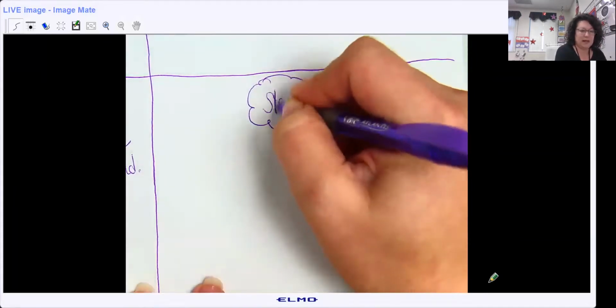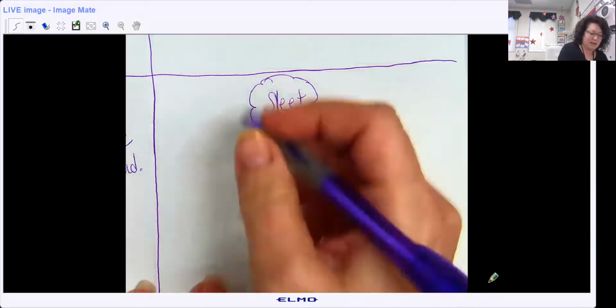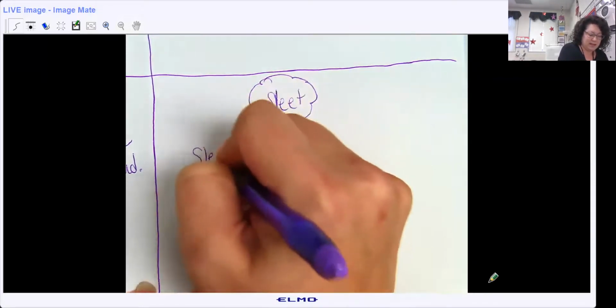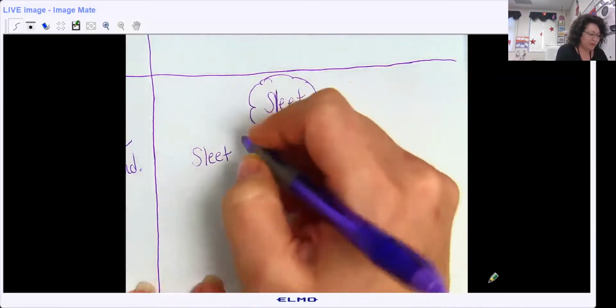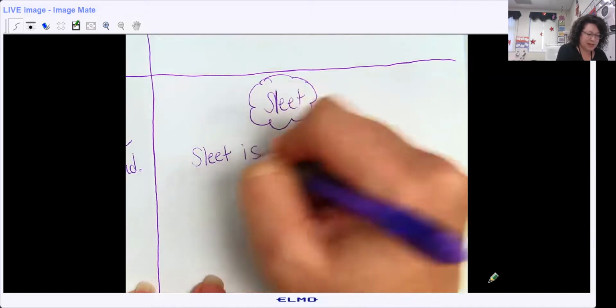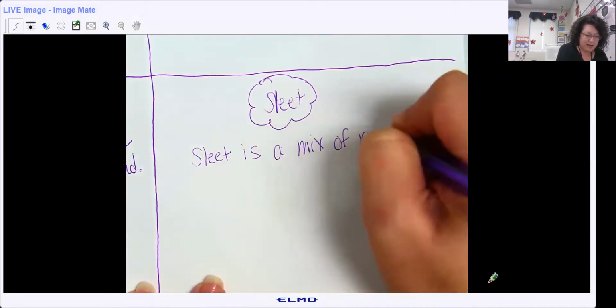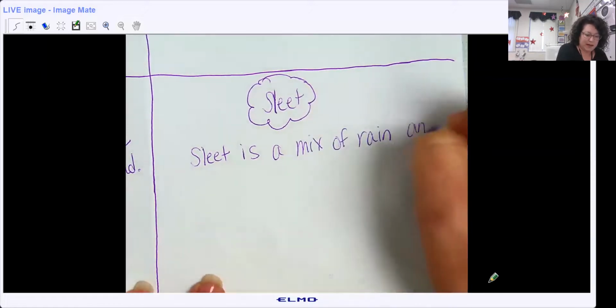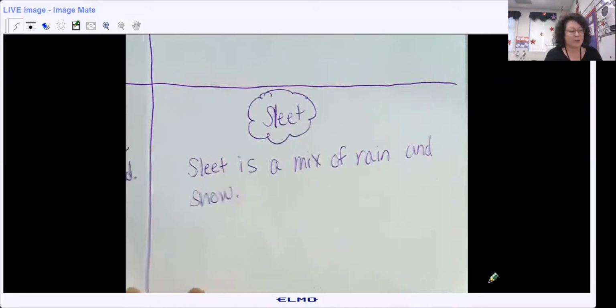It's an SL connected, sorry. And sleet, do you remember what sleet is? Sleet is no fun. It's like wet snow. Sleet is a mix of rain and snow. It's pretty miserable.